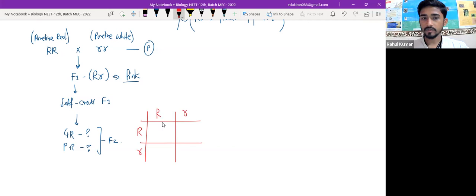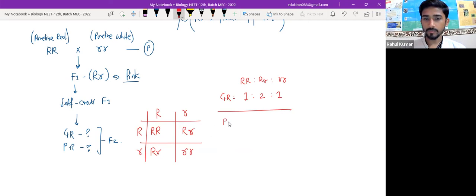So if I make the cross like this, one progeny will be this, the other progeny will be this, and this, correct? Here, if you see the genotypic ratio, it is not affected, right? It is capital R capital R to capital R small r to small r small r. That is 1 is to 2 is to 1, correct?